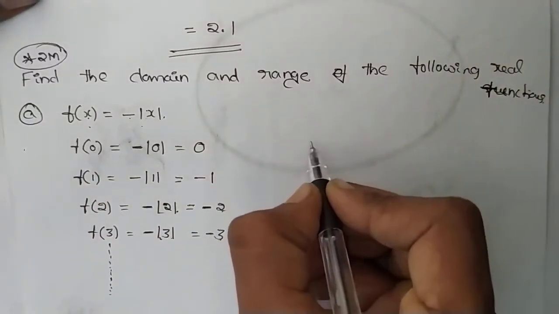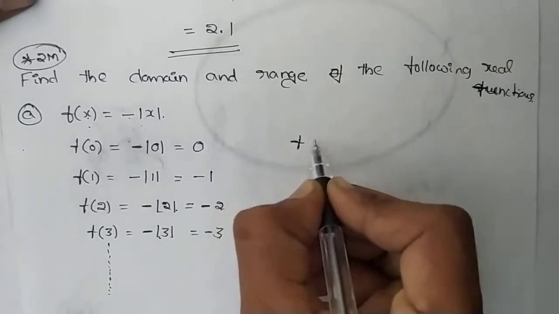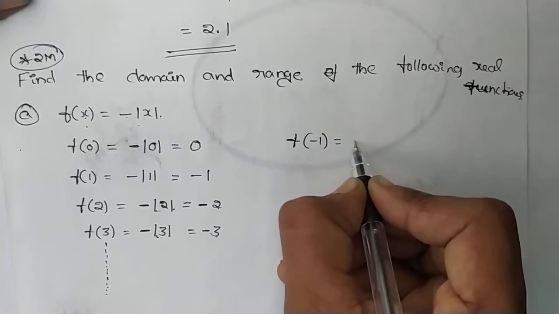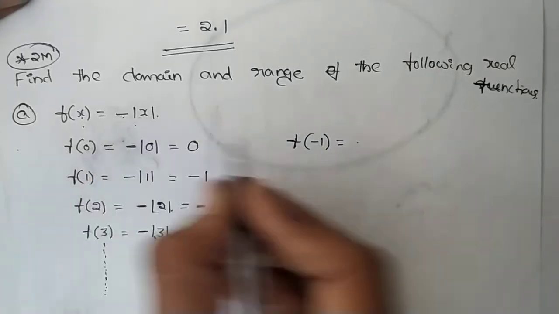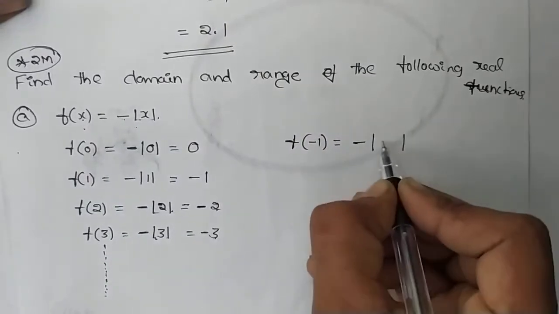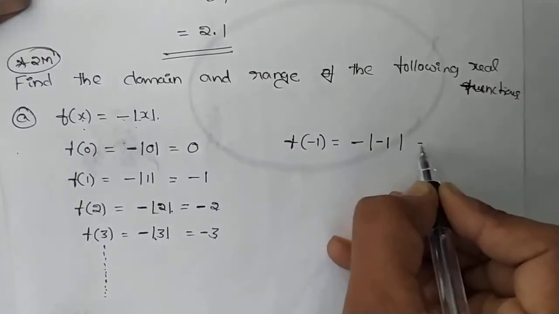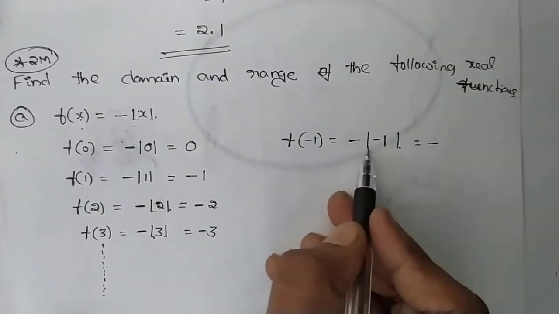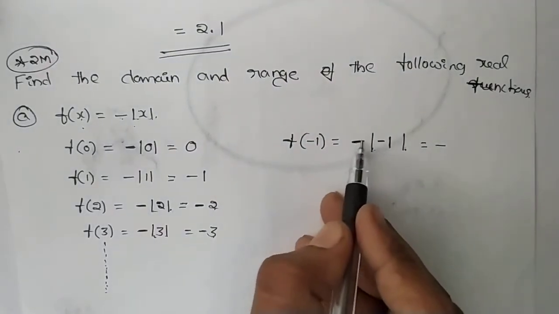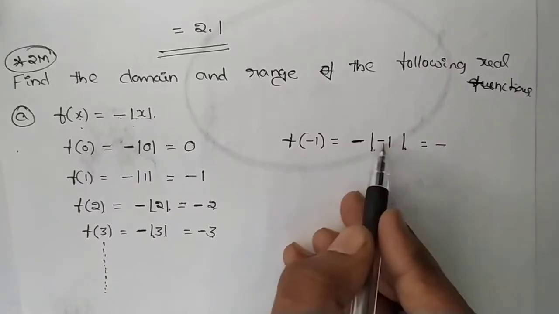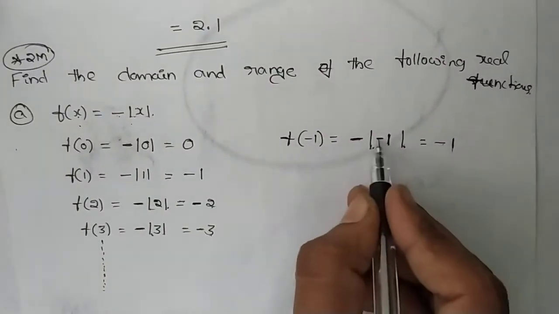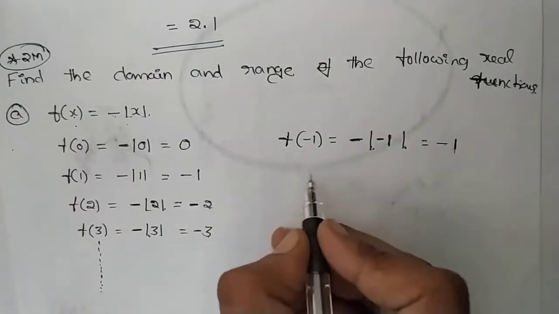Let us take the negative real numbers. Then what will happen? f of minus 1 equals minus modulus of x. In place of x, we have to put the value minus 1. Outside the modulus we have minus. Modulus of minus 1 will be plus 1, so the value is minus 1.